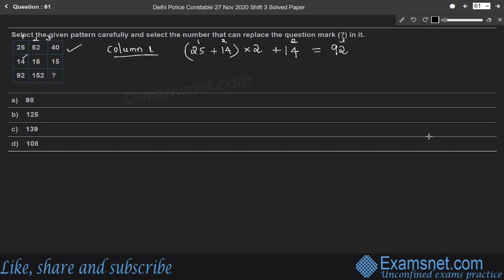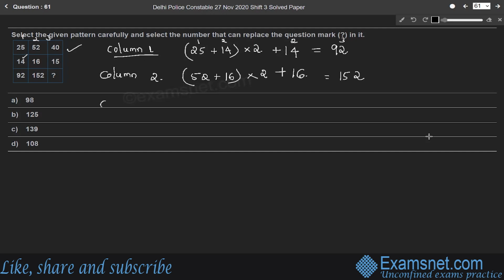Similarly, in the second column, the first number is 52 plus the second number 16, into 2. 52 plus 16 is 68, into 2 is 136, plus the second number, which is equal to 152.